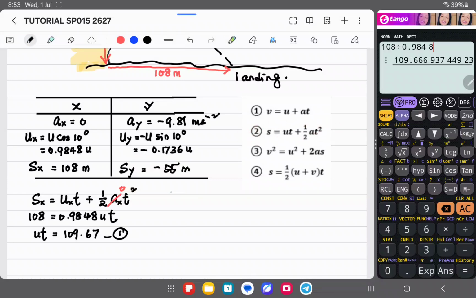So sy equals uyt plus half ayt squared. sy is negative 55, our uy is negative 0.1736u, so negative 0.1736u times t plus half, our ay is negative 9.81, times t squared.